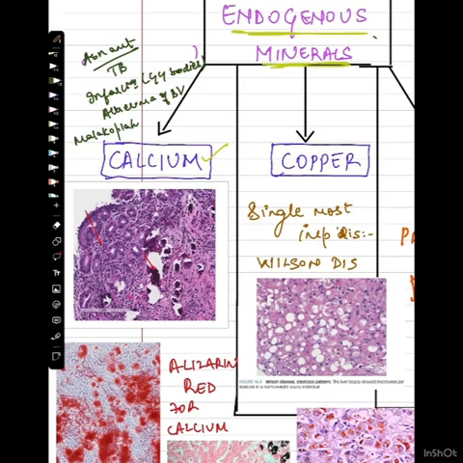In malakoplakia of the bladder, they are called Michaelis-Gutmann bodies.